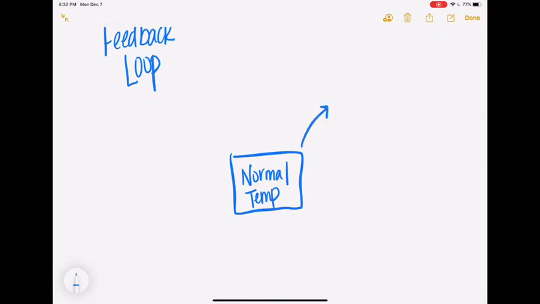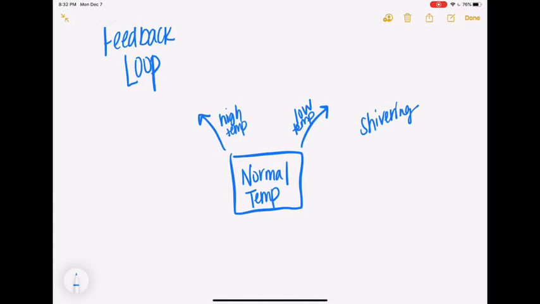Now sometimes your body temperature will get high, and sometimes your body temperature will drop low, okay? So when you get cold and your body temperature drops, what happens? Well, your body starts shivering, right?